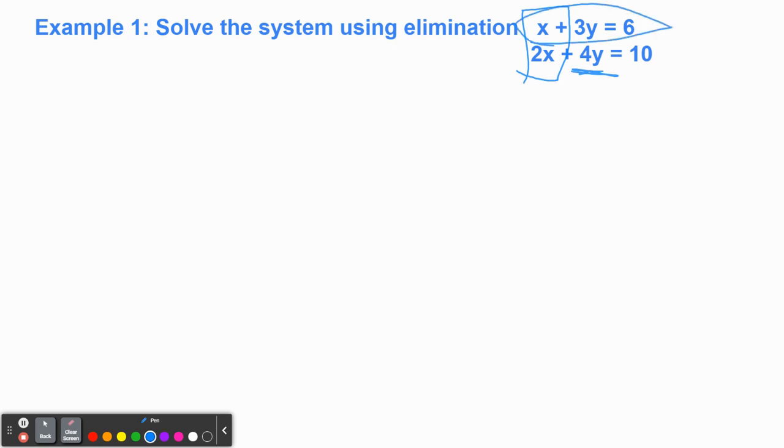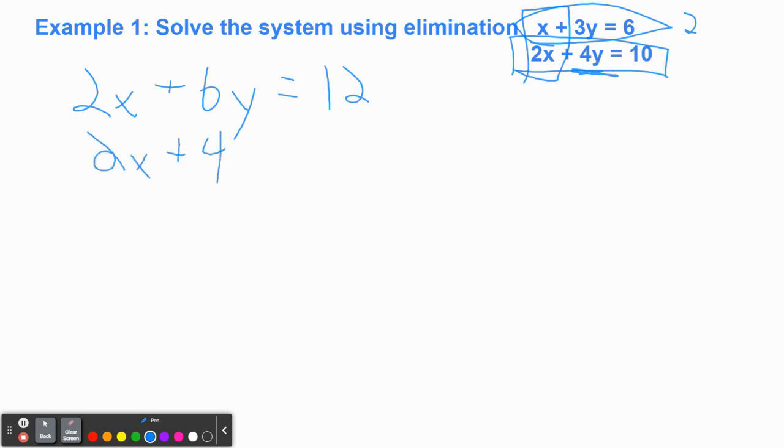So I'm going to end up with x times 2 is 2x plus 6y equals 12. And then I'm going to keep my second one as is. 2x plus 4y equals 10.